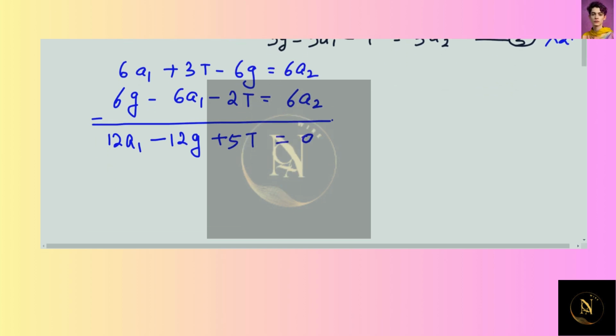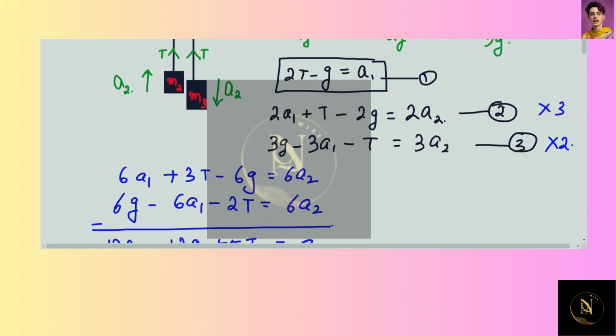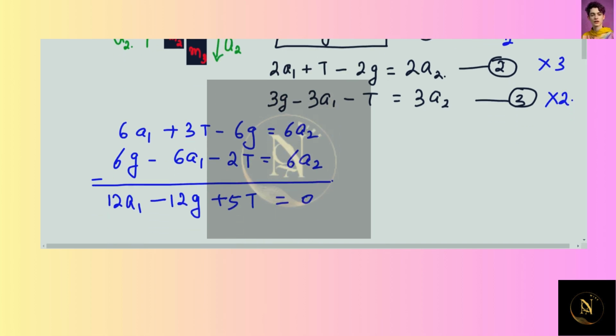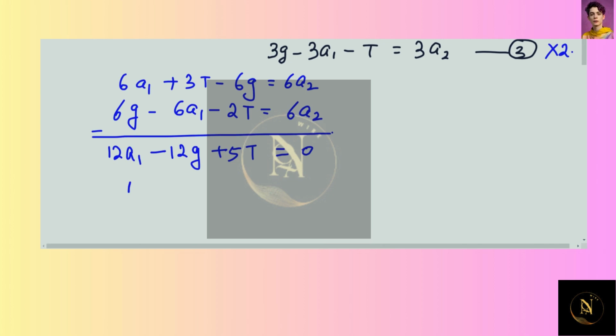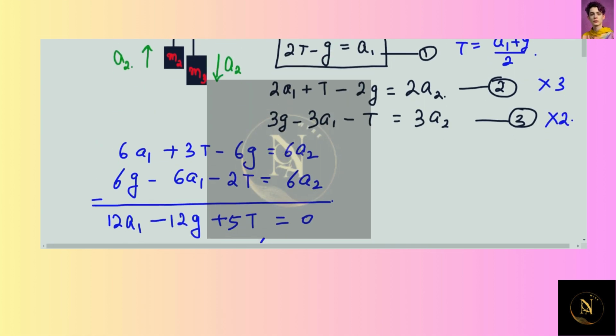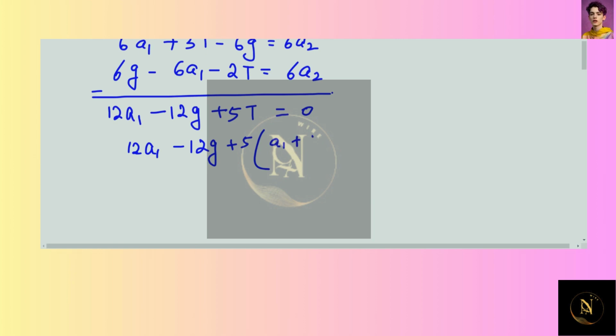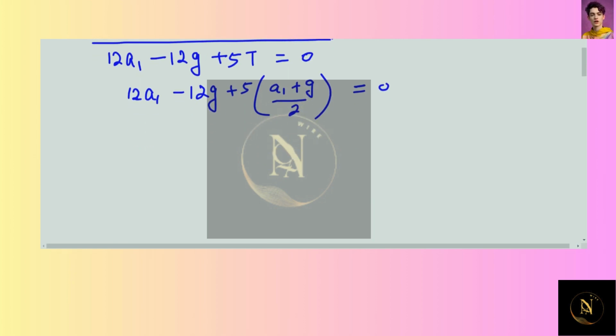From here, instead of T, we use equation 1 and get the value of T as (A1 plus G) over 2. We put this value here, we get 12A1 minus 12G plus 5 into T, where T is (A1 plus G) by 2, and this is equal to 0. From here we solve for A1.